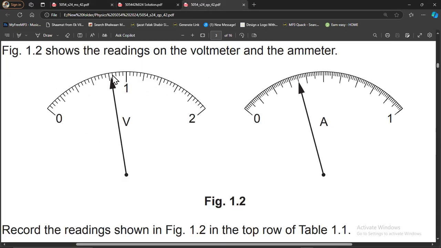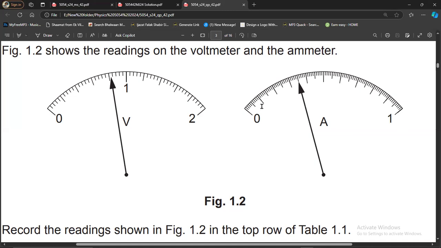You see, this is 0.04, 0.08. So this reading here is 0.82. Okay, now this reading. So the 1 is here, so it will be 1, 2, 3, 4, 5, 6, 7, 8, 9, and 10.